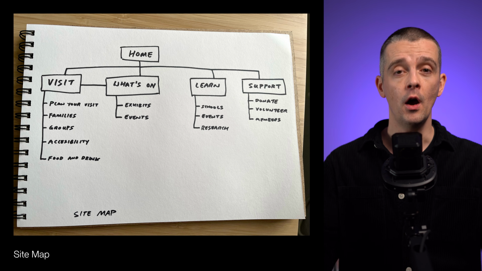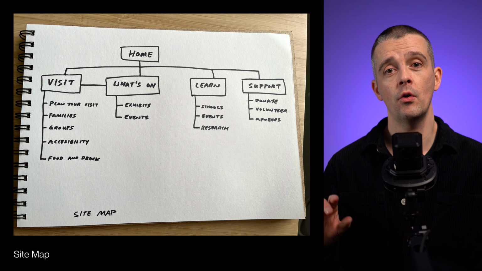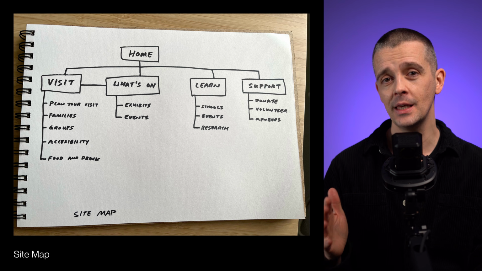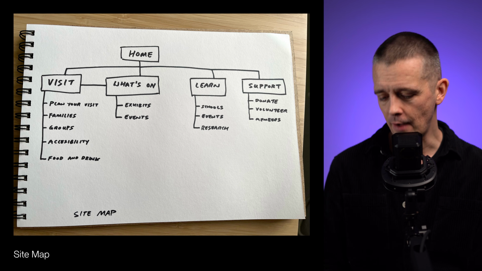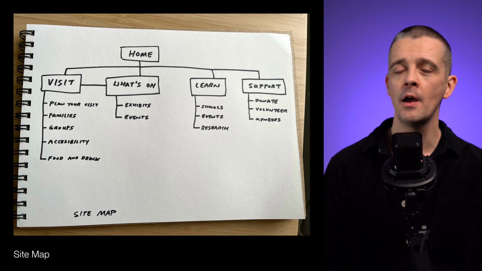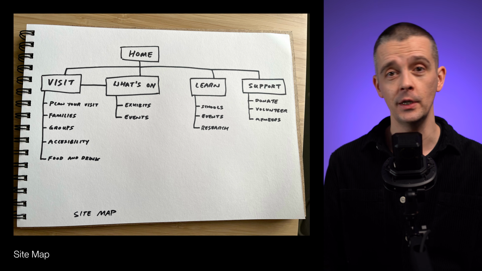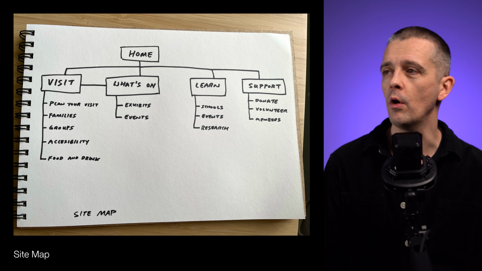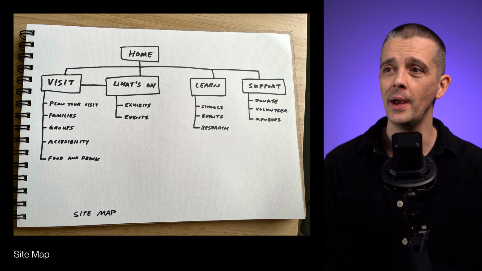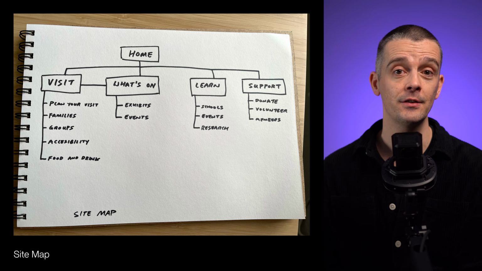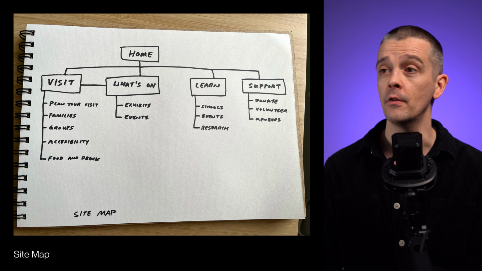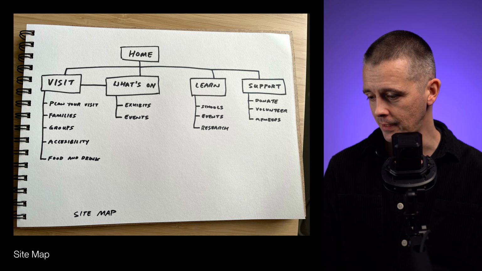Well, we want to arrange all those into a logical order by categorizing them and thinking how a user might navigate through the pages. So in this instance, I've created 4 different sections that are more applicable for museums' websites. Visit, what's on, learn, support, and then the other pages can fall into those different categories, and that will simplify the choices first of all, to improve our navigation.